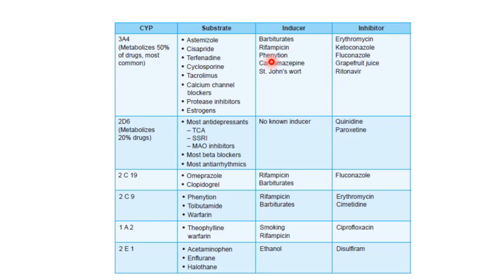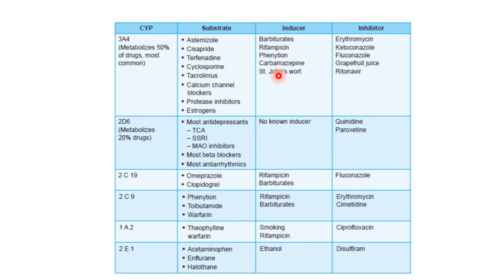These drugs can enhance the metabolic activity of the enzyme and therefore increase the metabolism of the substrates. In this case, when we co-administer a drug which is metabolized by cytochrome P3A4, like cyclosporine, with rifampicin, we should consider that the drug will be rapidly metabolized and the resulting plasma concentration will be lower than expected due to enhanced metabolic activity.